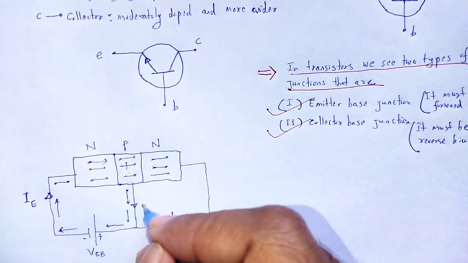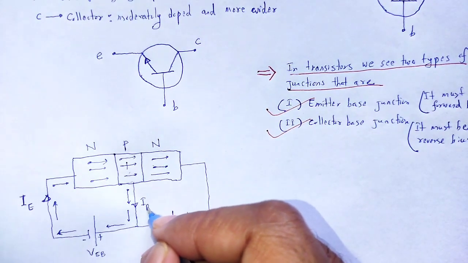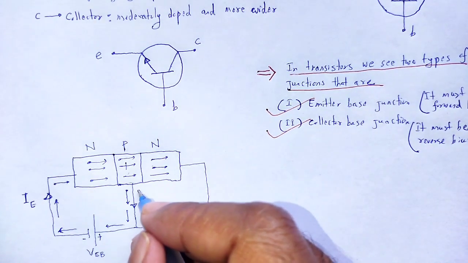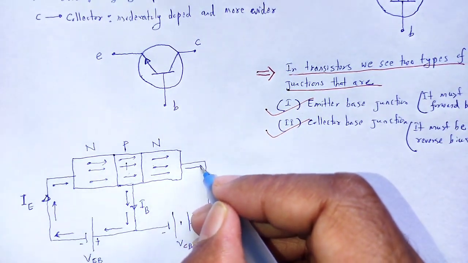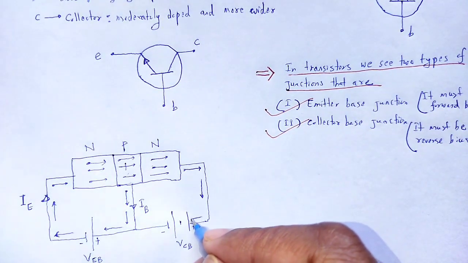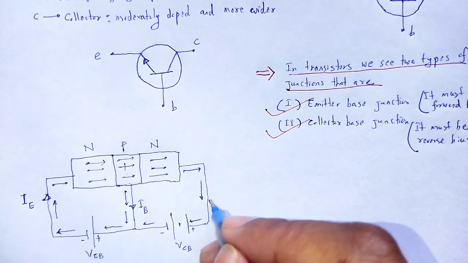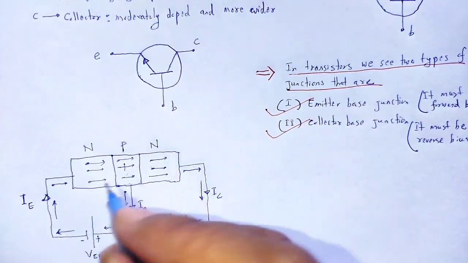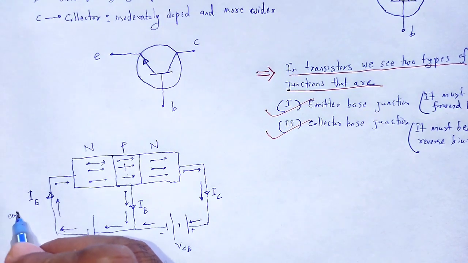Here the flow of current is the base current IB, and there the flow of current is the collector current IC.